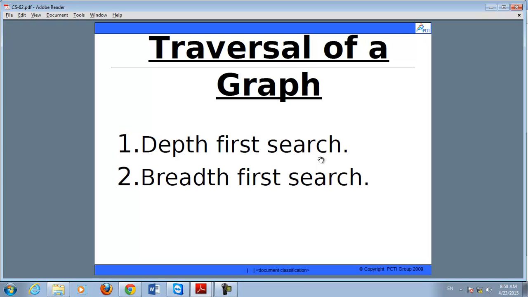There are 3 techniques in the tree to traverse each and every node at least once. In the case of graphs, the traversal techniques are categorized into 2 categories, that is DFS and BFS: depth first search and breadth first search.